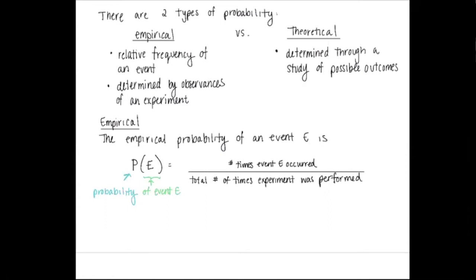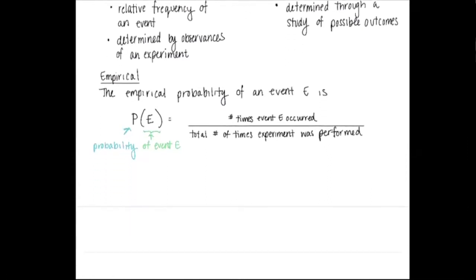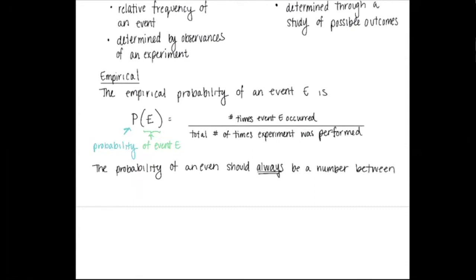That's it for probabilities. So based on that, the probability of an event should always be a number between 0 and 1, i.e. 0% and 100%.